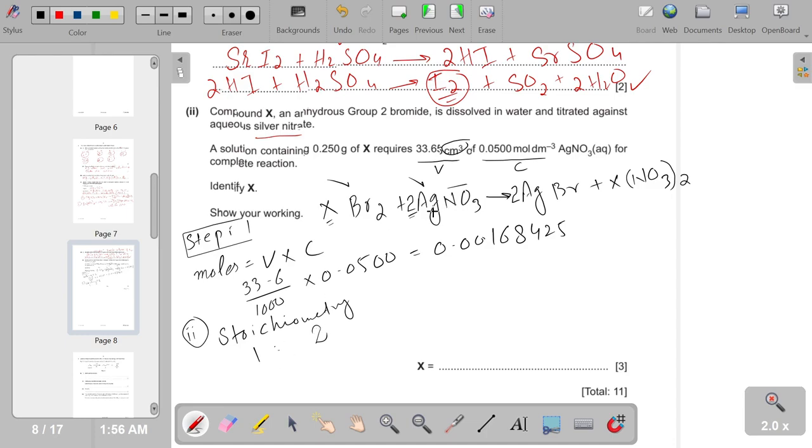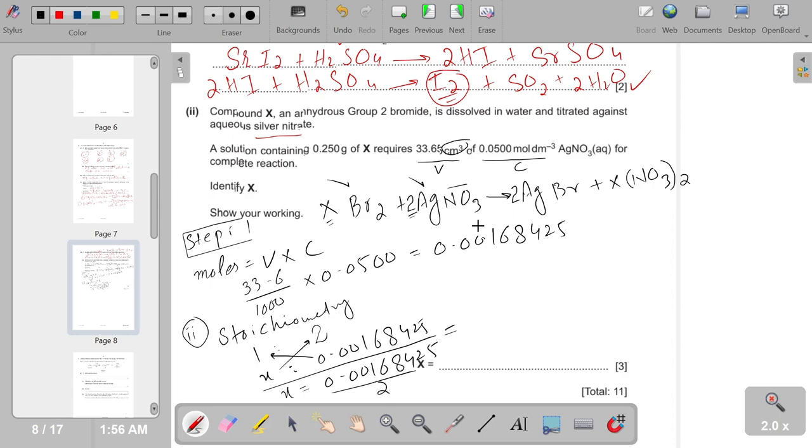So if 2HNO3 is 0.00168425, we need to find the moles of this X. You know it will cross multiply with each other. So X will become equal to 0.00168425 divided by 2.